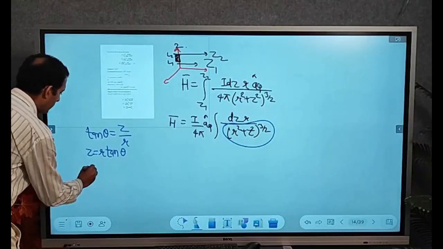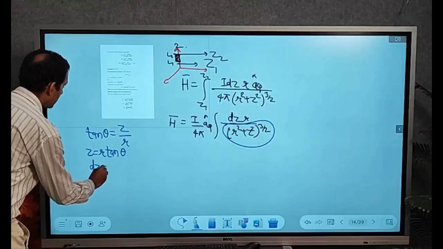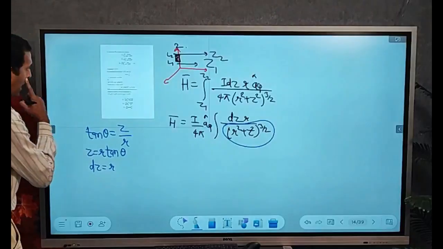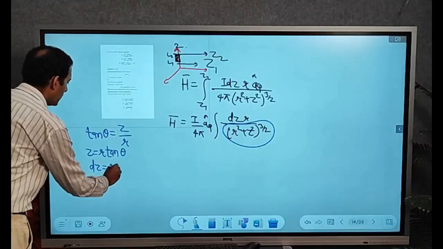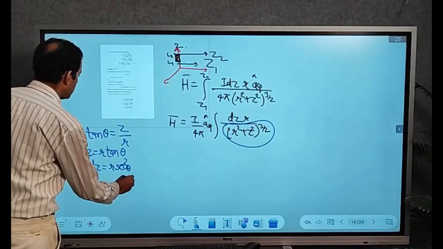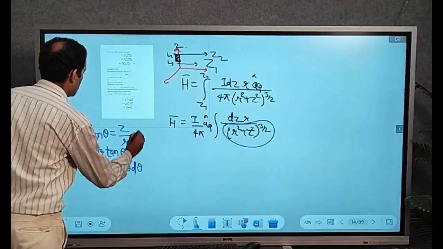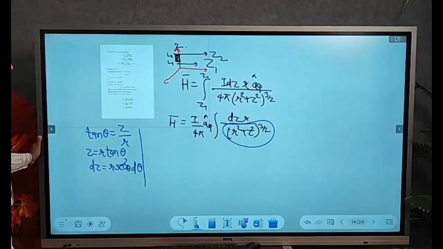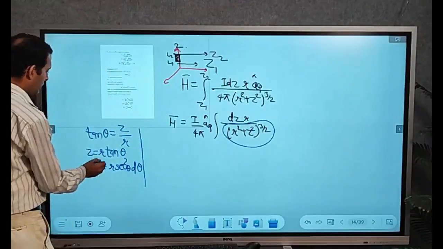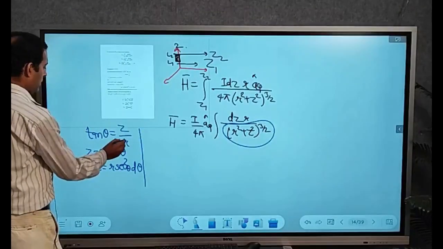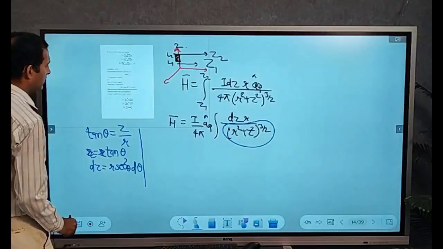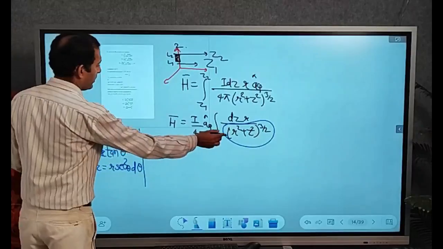So dz will be equal to r secant square theta d theta, right? Now by substituting this in place of z, we can keep z equal to r tan theta. So here we will replace these terms.